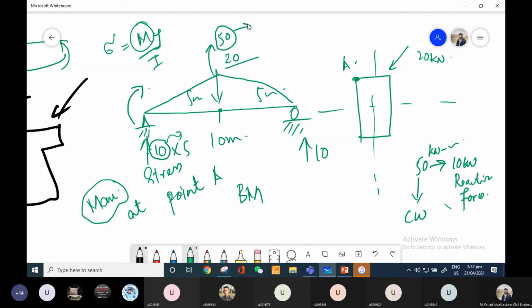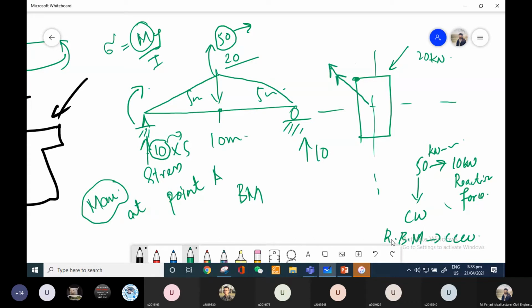Now this 50 kilonewton-meter is being produced in the clockwise direction, and the resistive bending moment is counterclockwise. There will be another moment of 50 kilonewton-meter, or the beam has to produce a moment of 50 kilonewton-meter to resist this one. Now, if this resistive bending moment is counterclockwise, you now have to show the double-headed arrow pointing towards the centroid of this beam. Oh, sorry, away from the centroid.